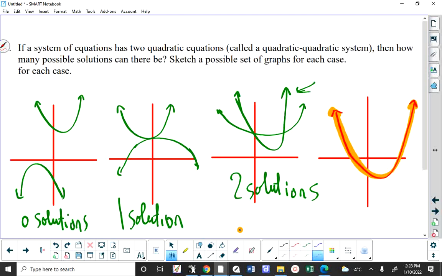These two parabolas are coincident. Then there are an infinite number of solutions. And that can't happen with a linear quadratic because linear and quadratic can't be the same.